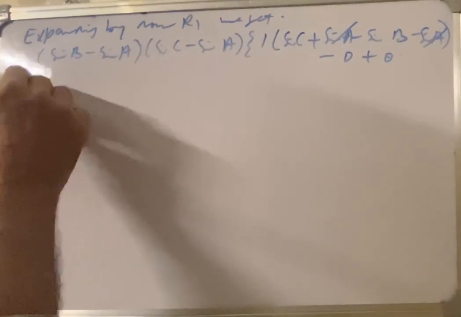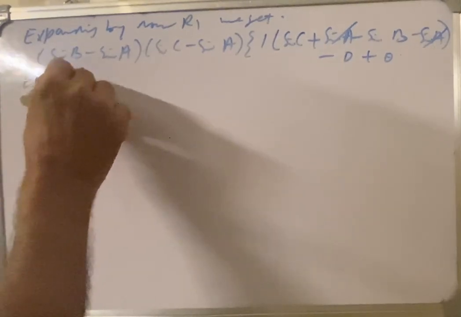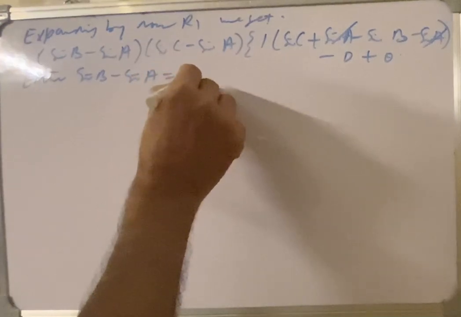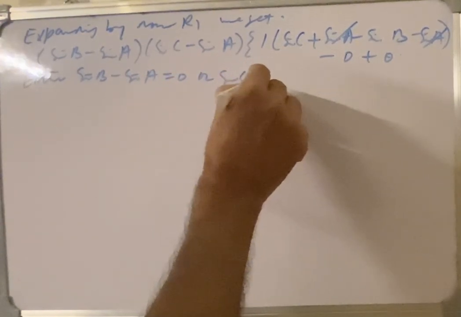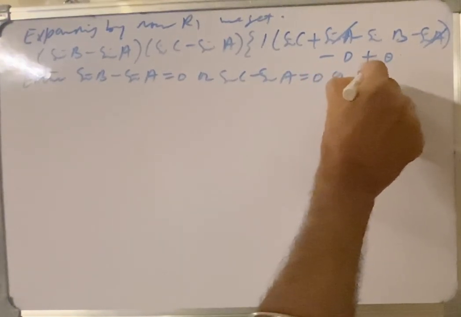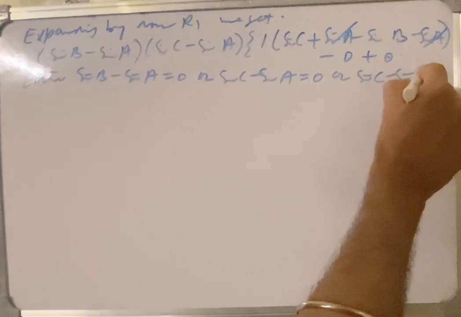Therefore, either sin B minus sin A is equal to 0 or sin C minus sin A is equal to 0 or sin C minus sin B is equal to 0.